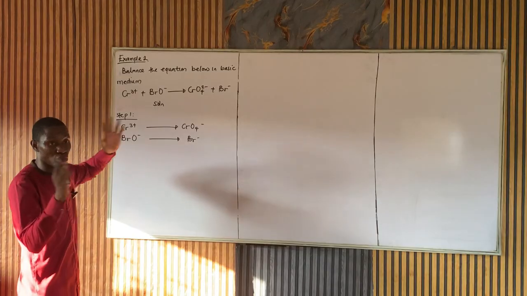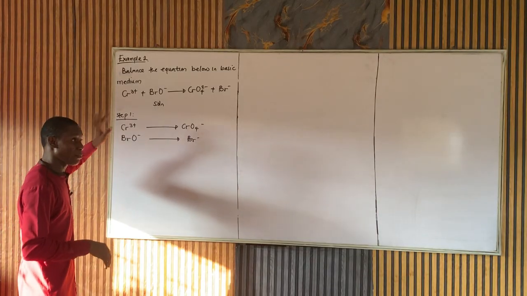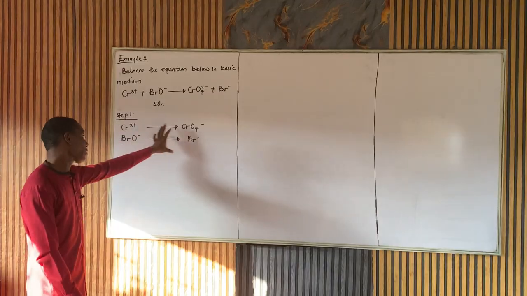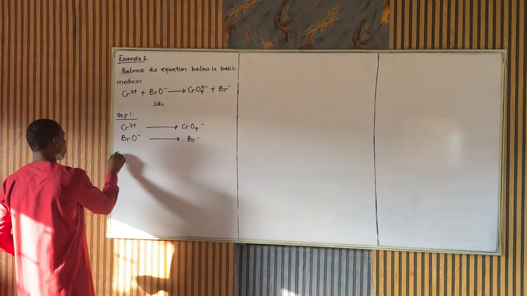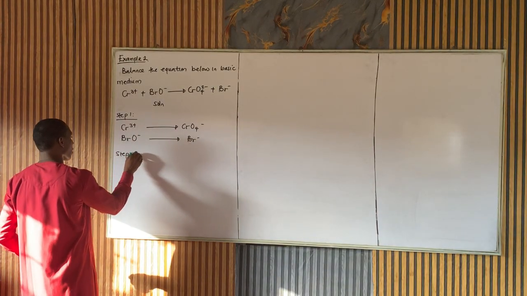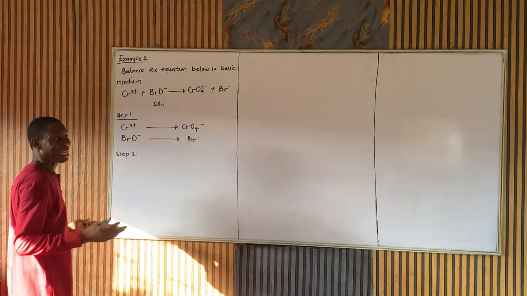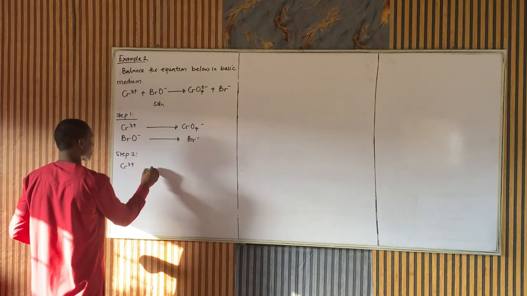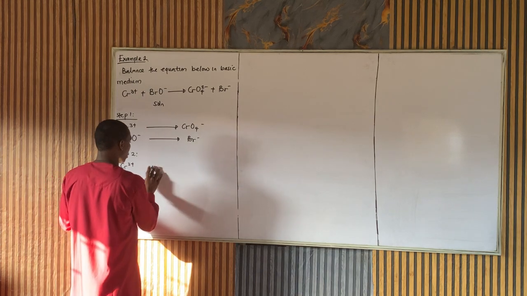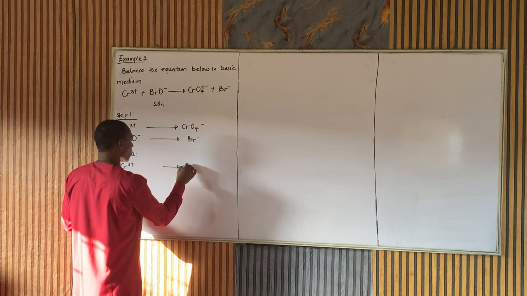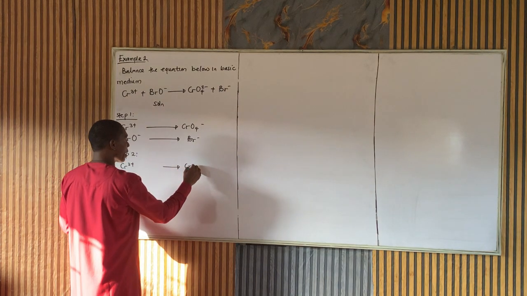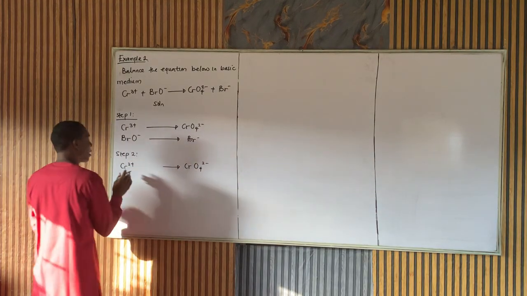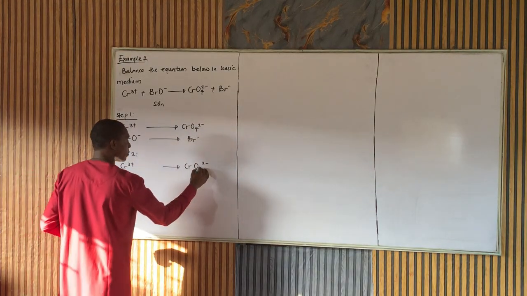So the first step, as usual, just like in acidic medium, the same similar steps: write out the half cell equation, and we've just done that. Now step 2, balance the atoms. So Cr3+, 1 chromium here and 1 chromium here, but 4 oxygen here and no oxygen here.